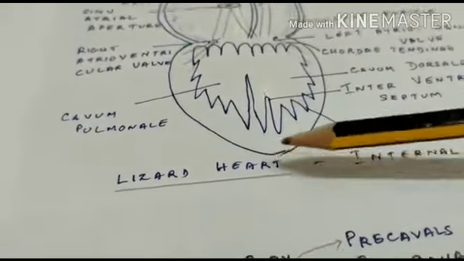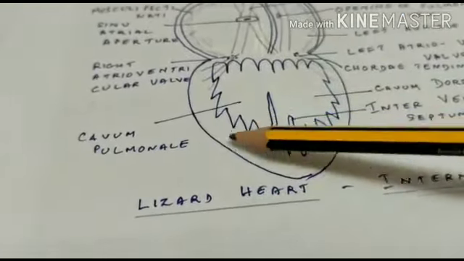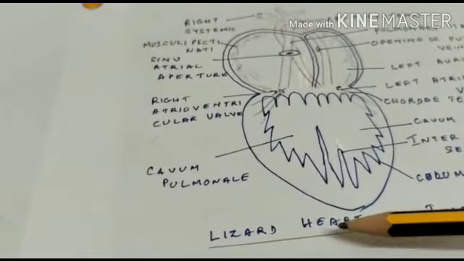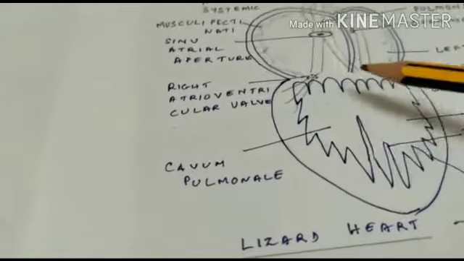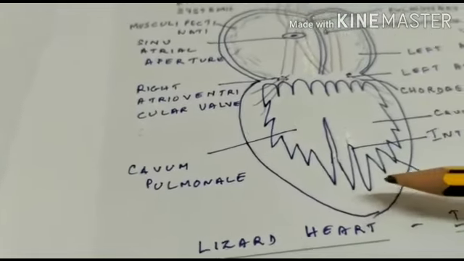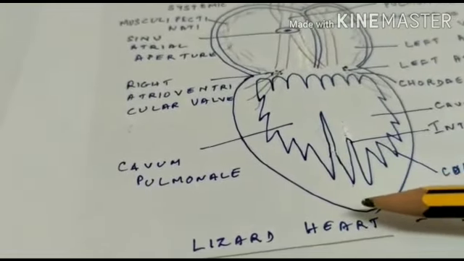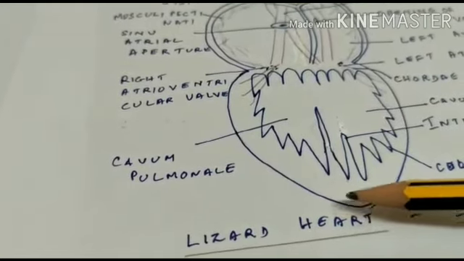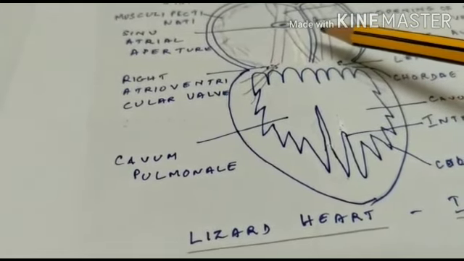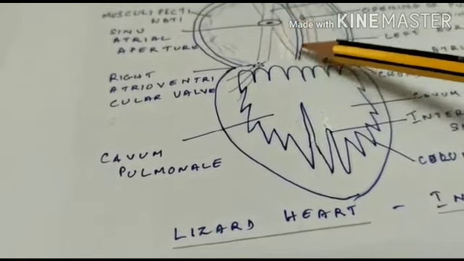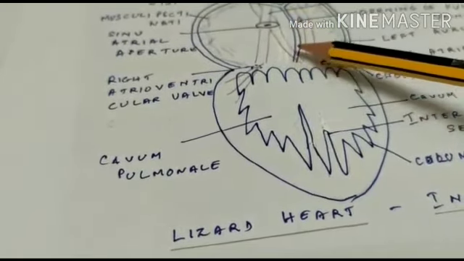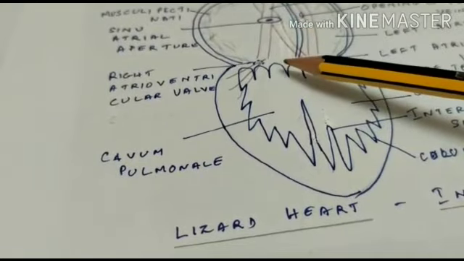Next, we'll come over to the ventricle. But before I go over to the ventricle, let me just tell you that the opening of the pulmonary vein is not provided with a valve, and the auricles are separated by the wall which is called the interauricular septum.